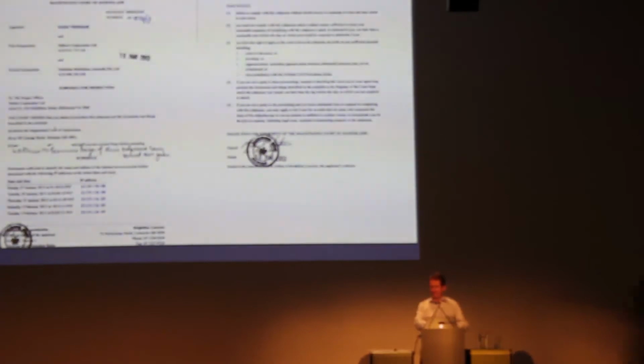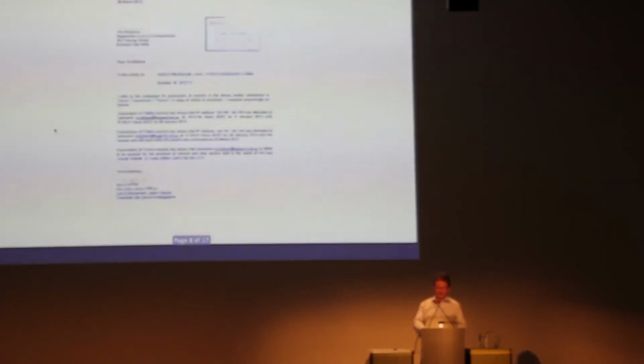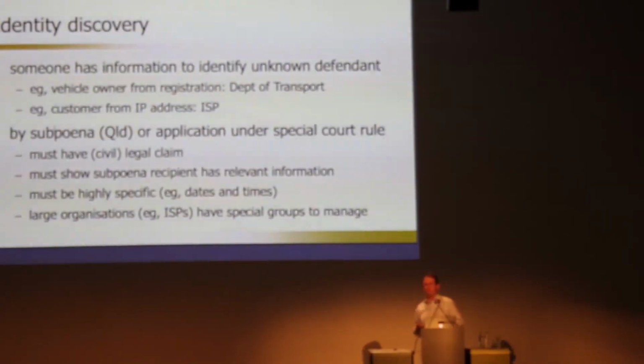With that sort of specificity, you get the subpoena issued fairly easily. If we didn't know dates and times, it might be a bit more difficult, and the recipient of the subpoena might have a bit of a problem with it as well, because they look at it and say, well, we can't do that because we don't keep that detail of information, or it'll be too much of an exercise for us to dig it out, or it'll cost too much.